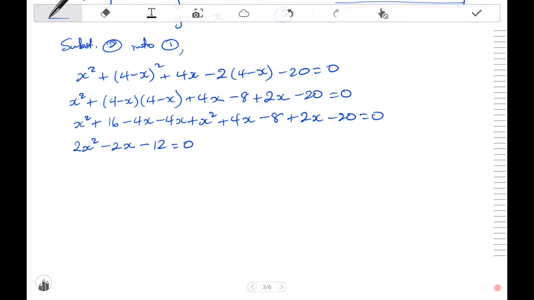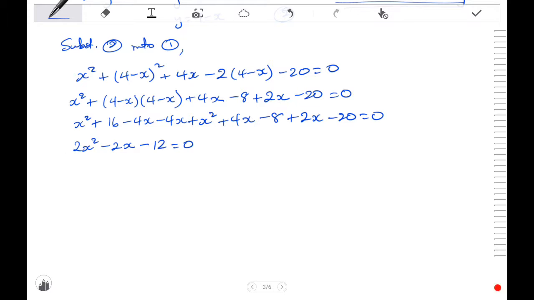Right, so what we have here is a quadratic equation, and we expect to get a quadratic equation in x because we are trying to find 2 points of intersection, so we would be getting 2 x values. So we factorize and we solve.